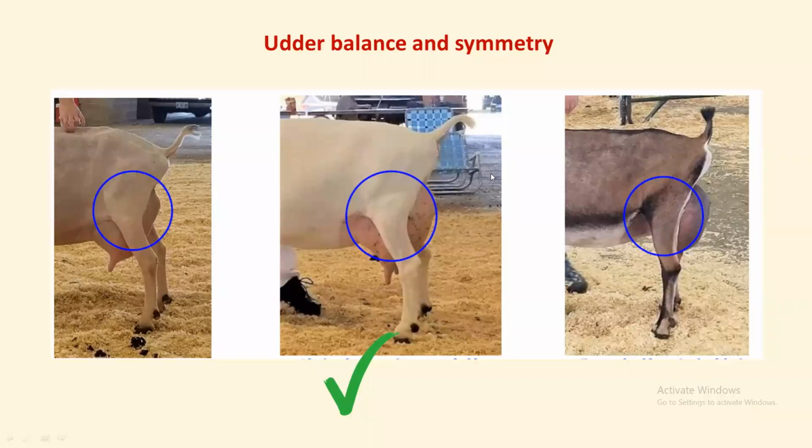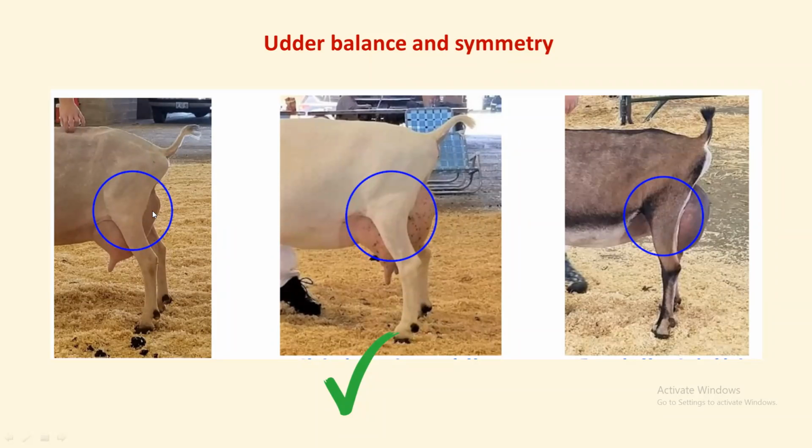To find whether your animal has good udder balance or symmetry, we form one circle keeping the rear leg in the center. In this case, some part of the udder should be in the front and some part on the back side.